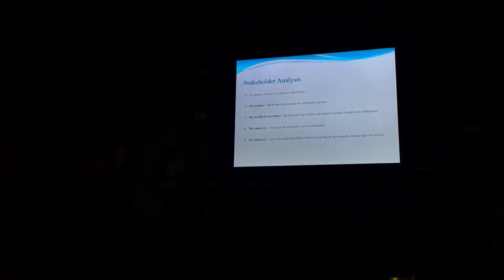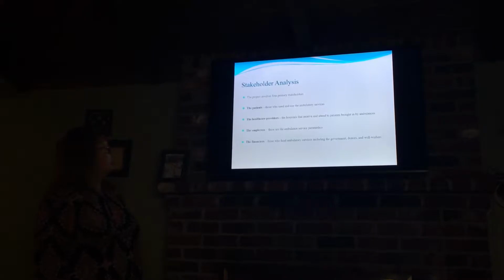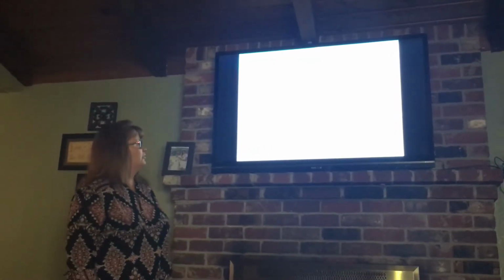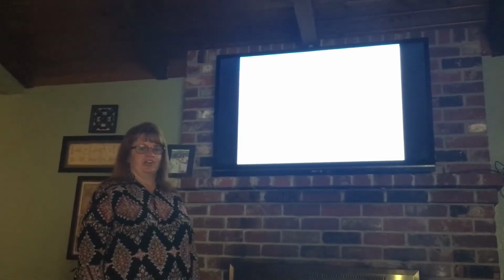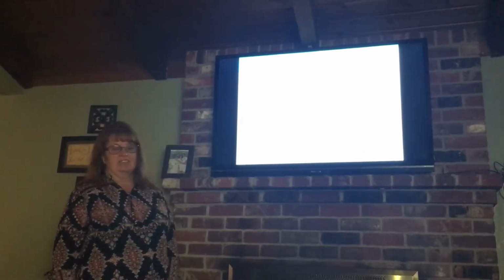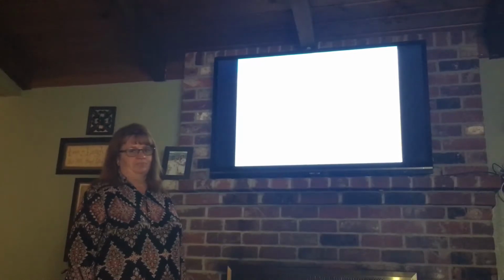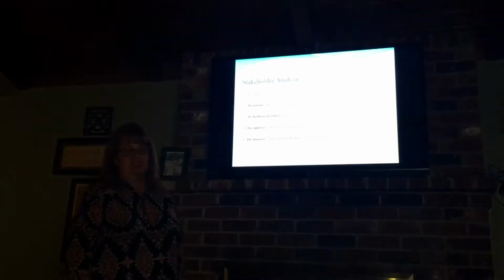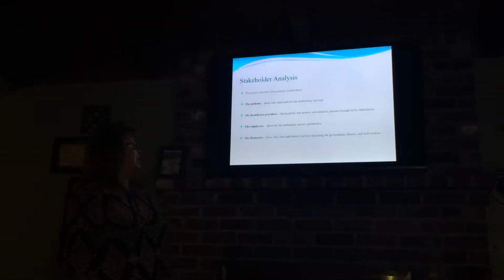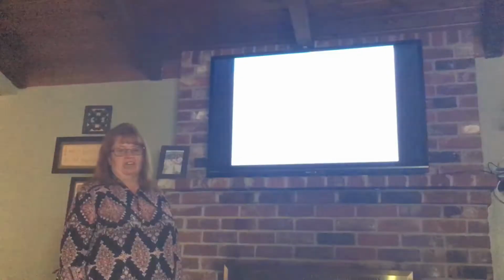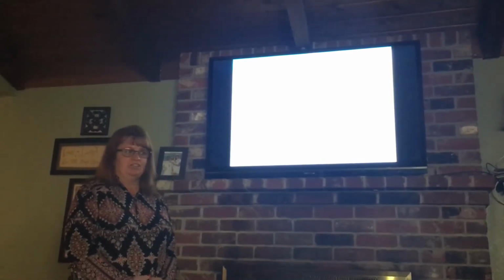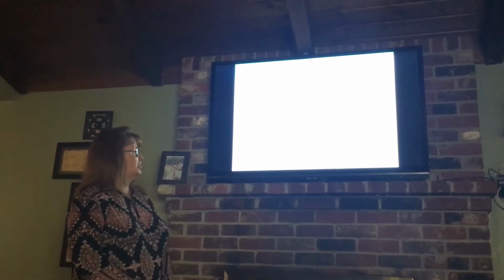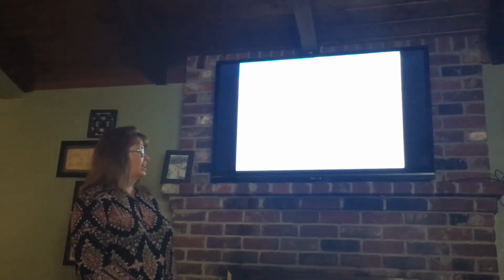So I performed a stakeholder analysis on this project, and it involves 4 primary key stakeholders: the patients, the healthcare providers, the employees, and the financial department. The patients are those who need ambulance services. The healthcare providers are those in the hospital, mainly in the emergency room, as well as in administration, who deal with the contracts with the ambulances.